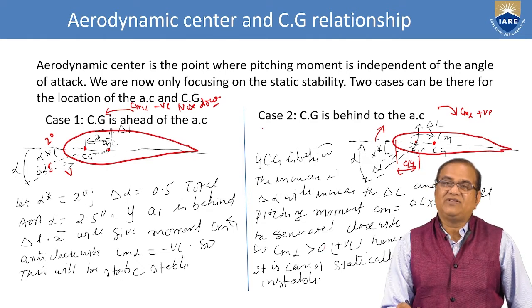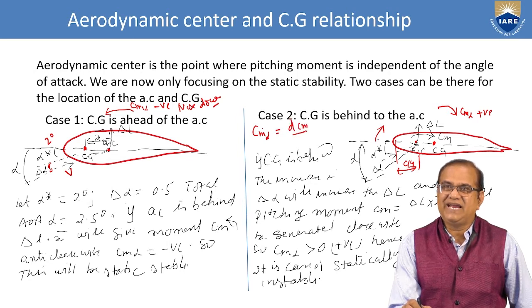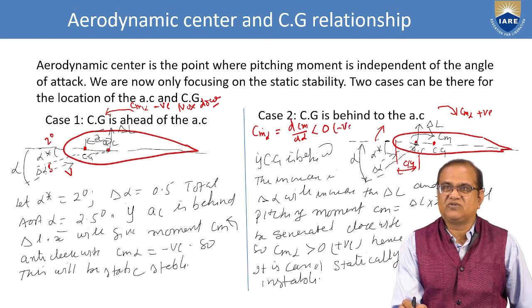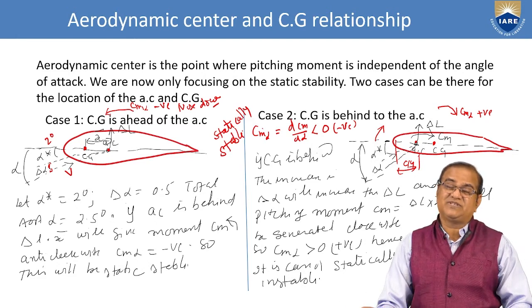So to have static stability, we should have Cm alpha, or dCm by d alpha, less than 0, which is called negative. If this is the case, then it is statically stable. I think it is very much clear.